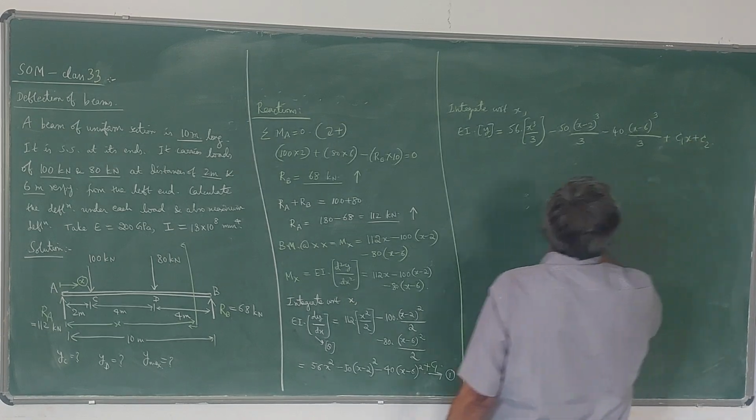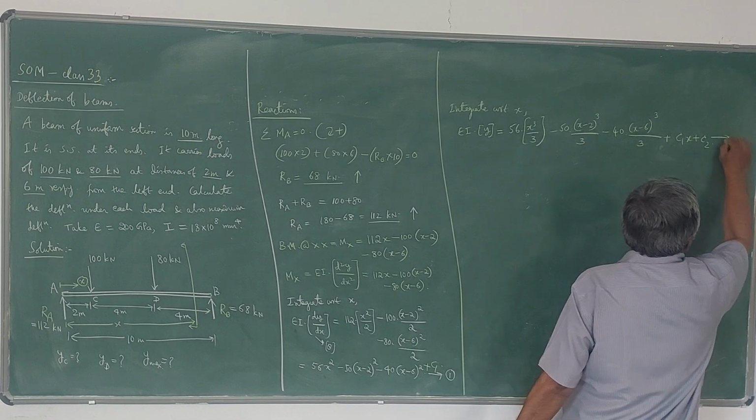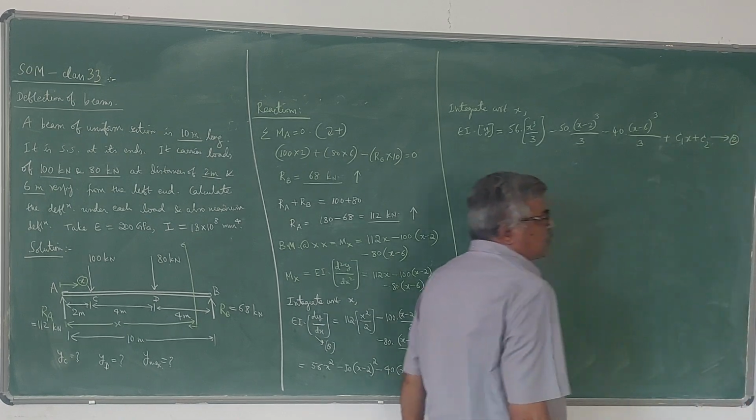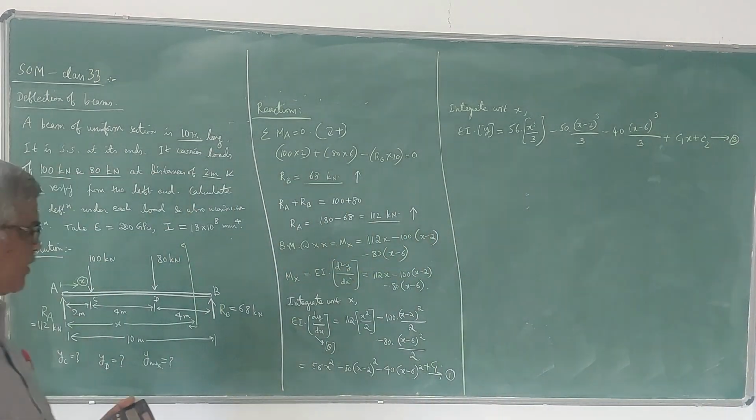So equation 2 is the deflection equation, and 1 is the slope equation.